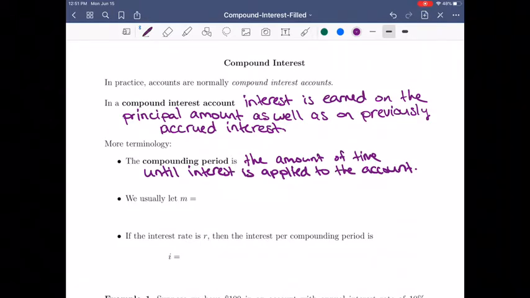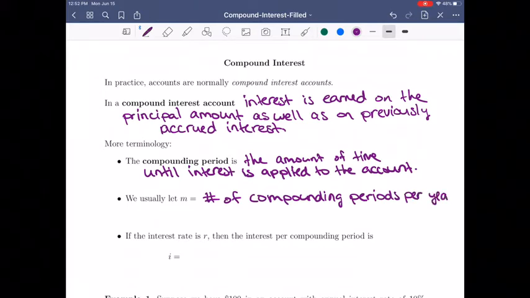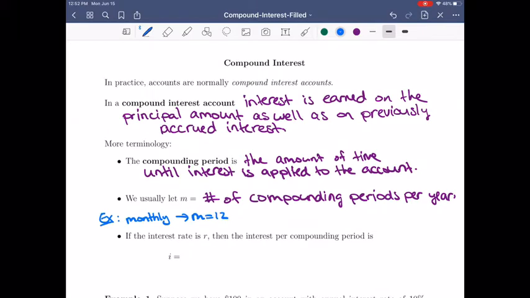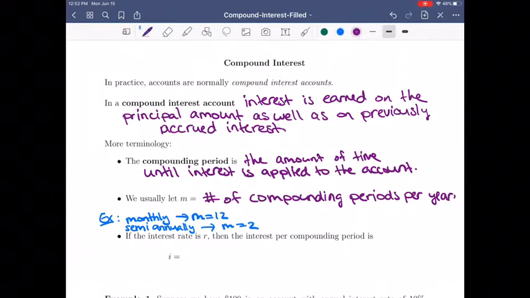And M is going to be the number of compounding periods per year. So for example, if it's compounded monthly, then M would be 12. If it's compounded semi-annually, that means twice per year, so the M would be 2. Just two examples there.